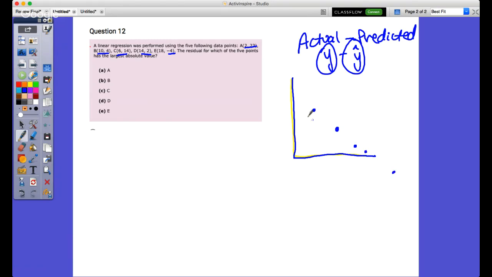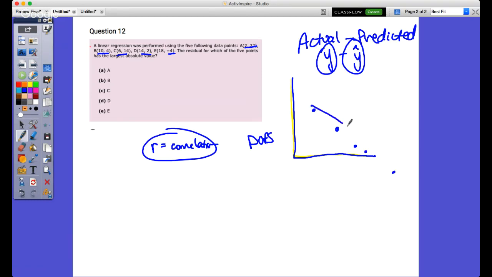By the way, if I were to describe this, remember DOFs: direction, negative; outliers, talk about that; form, approximately linear; and strength is related to our correlation. Remember, our correlation, not to be confused with residual, is related to the value of r, where the closer it is to 1 and negative 1, the tighter it is.